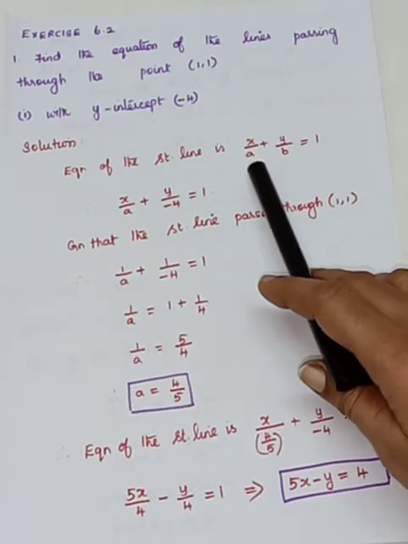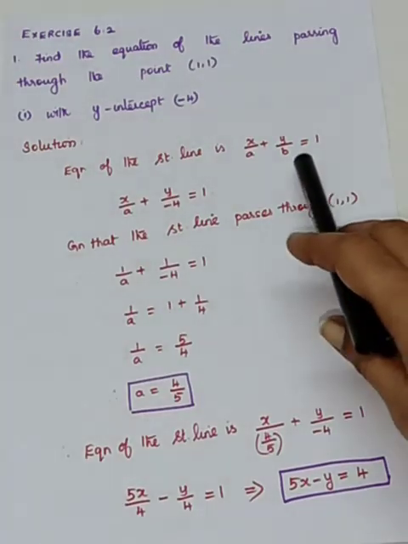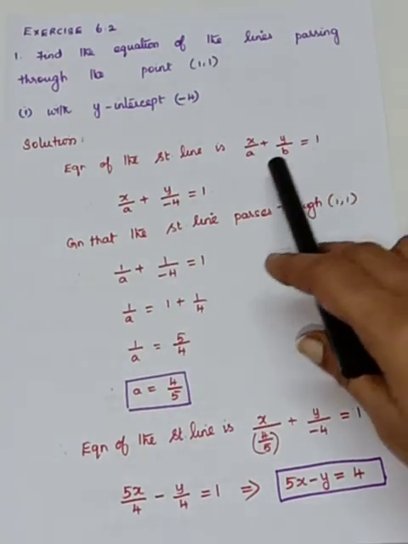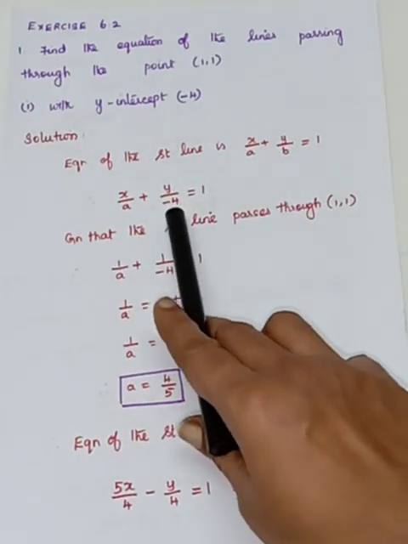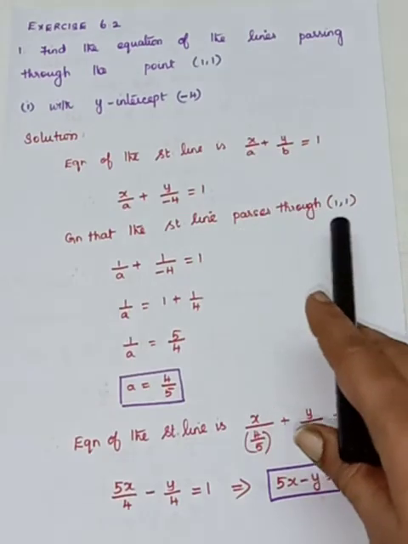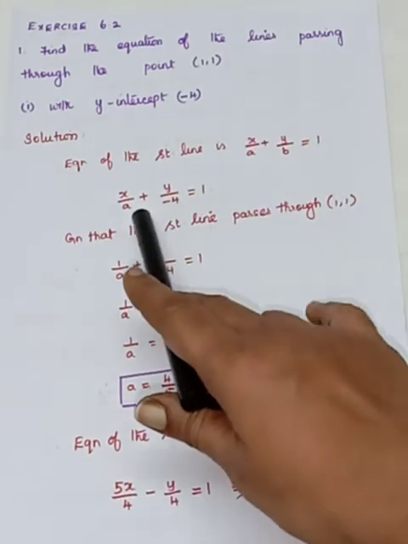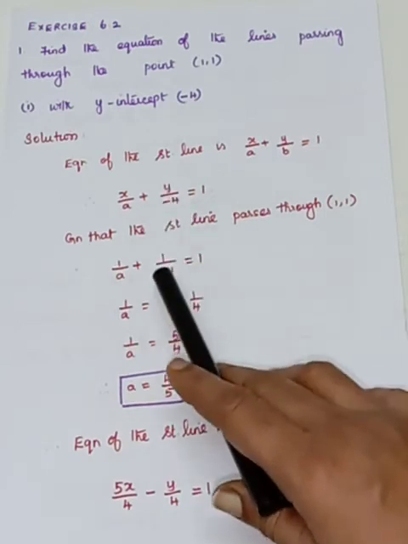So I have taken the equation of the straight line in the intercept form, that is x by a plus y by b is equal to 1. Here the y-intercept is minus 4, so I have written that. And this straight line is passing through the point 1, 1, so 1, 1 has to be substituted. In place of x you write 1, and y also 1.